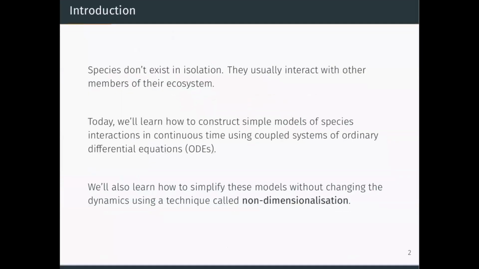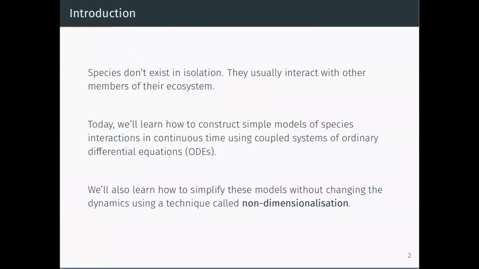So generally, species don't exist in isolation, and that means that when we try to model populations, we should be thinking about how they interact with other members of their ecological communities or their ecosystems. So we're going to be trying to adapt some of the ideas that we've learned in one dimension to thinking about systems of ODEs in more than one dimension.